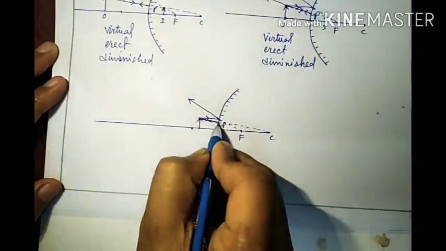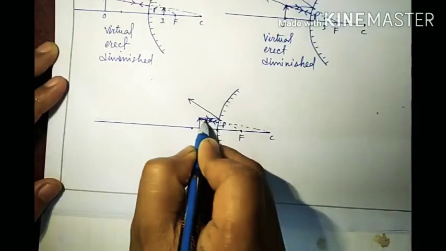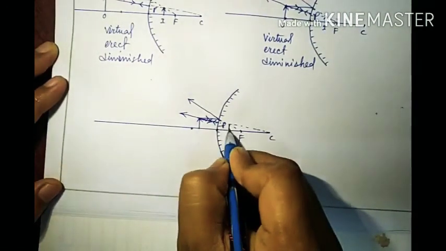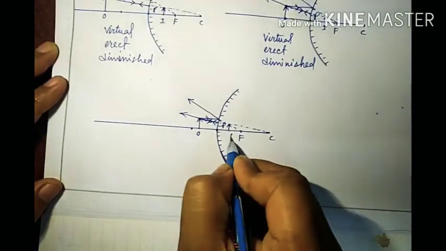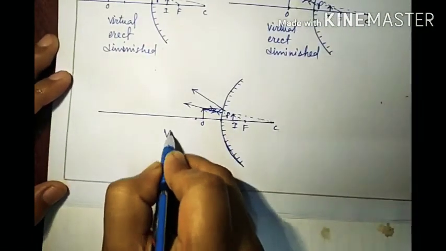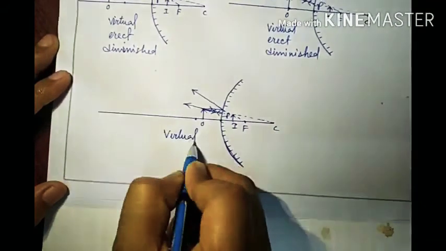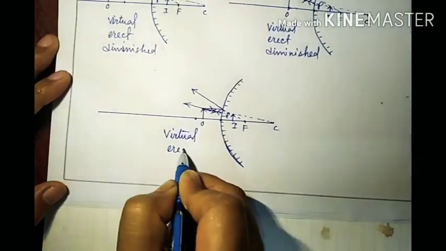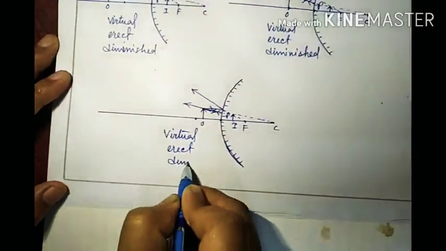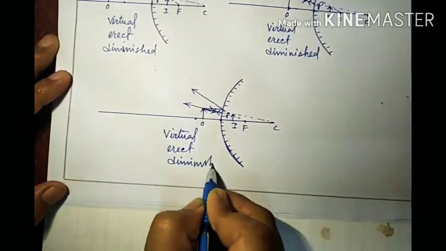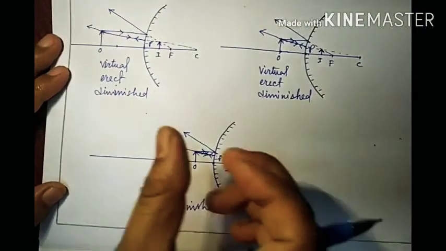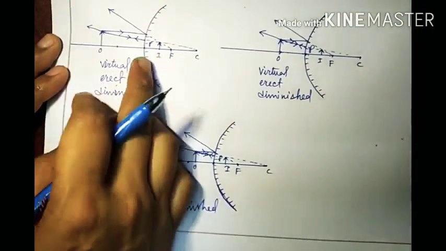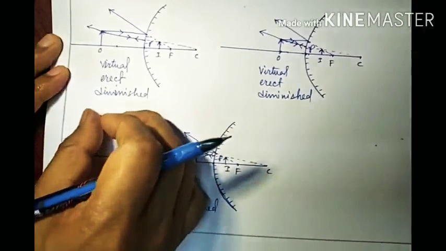It is normal at this point, so it will reflect back like this. Here we are getting the image, at the intersection point. This is the object, this is the image. Again the same: virtual, erect, diminished.